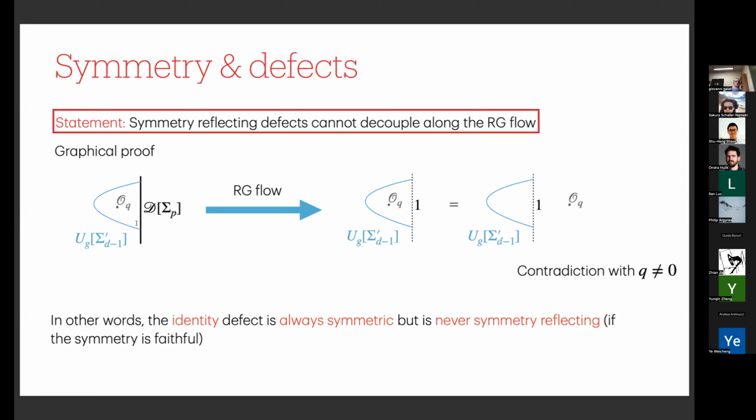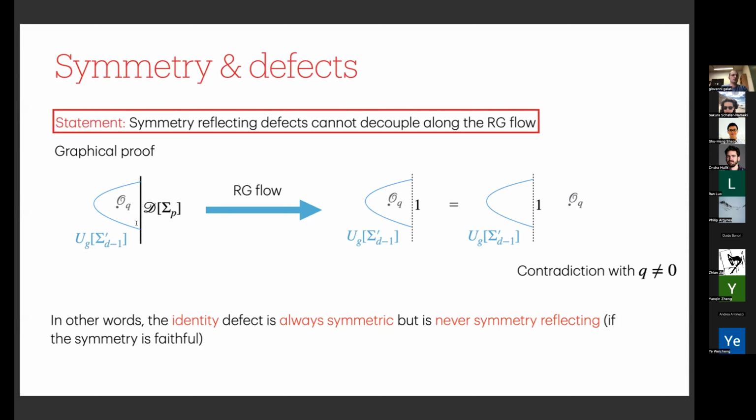And if you assume that the defect flows to the identity operator, this contradicts the fact that the symmetry was acting faithfully on the bulk degrees of freedom. This is just the statement that the identity defect is always symmetric, but is never symmetry reflecting, in the sense that a symmetry operator cannot end topologically on nothing if it acts faithfully on the bulk.